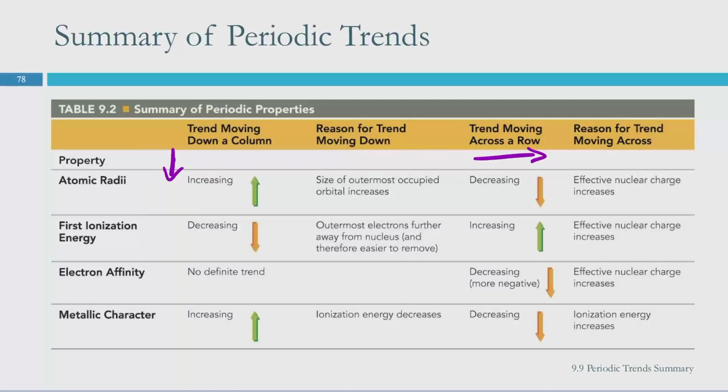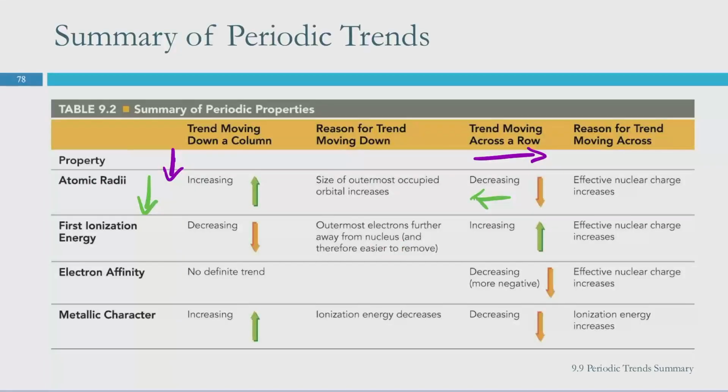Let me do these increasing ones in green. So atomic radius increases when we go down. It also increases as we move right to left. First ionization energy, as we move down a column, decreases, because our outermost electrons are further from the nucleus, they're easier to remove.